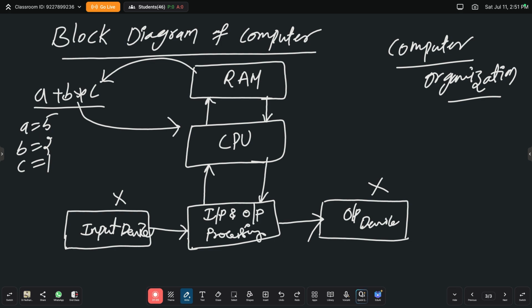are concerned with the way the hardware components operate and the way they are connected together to form the computer system.